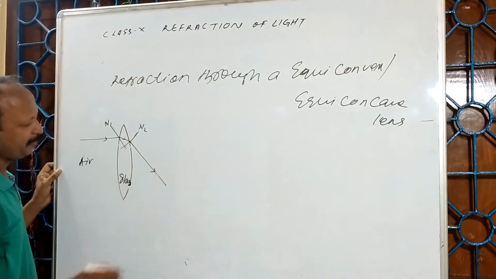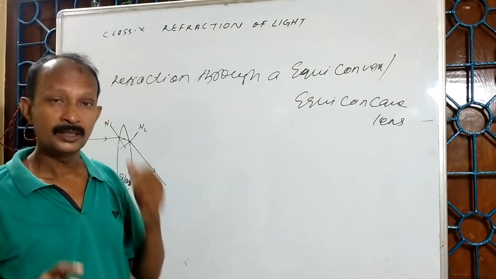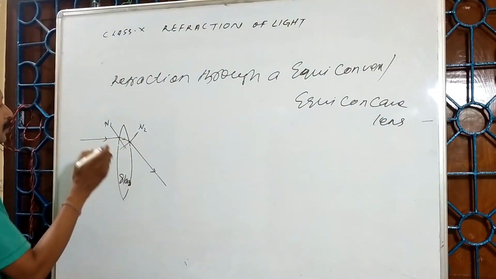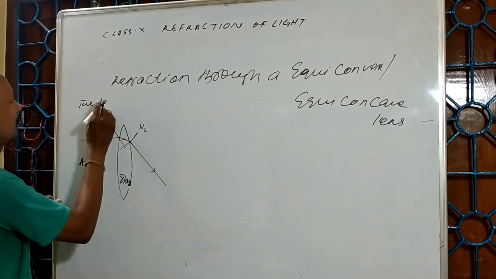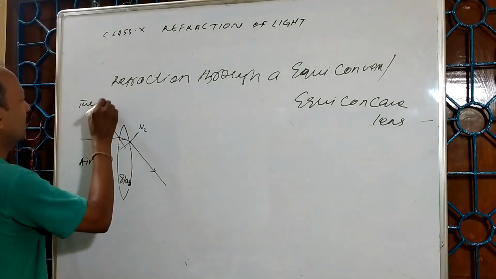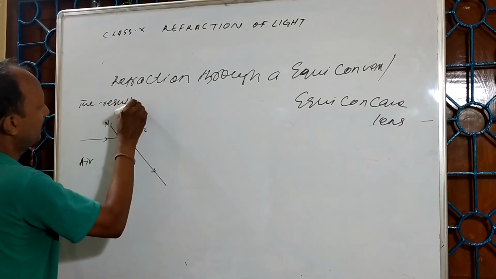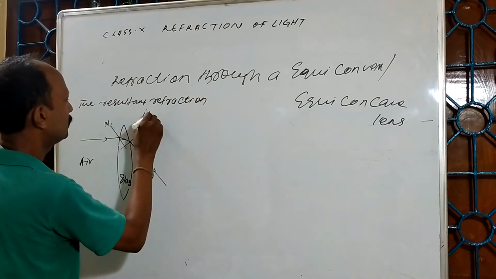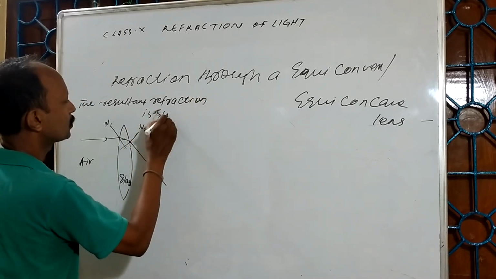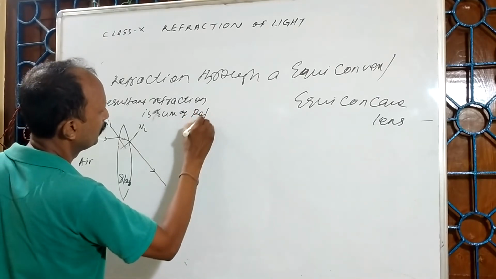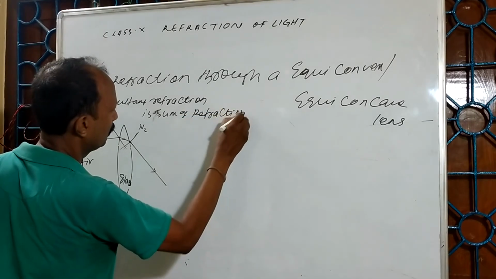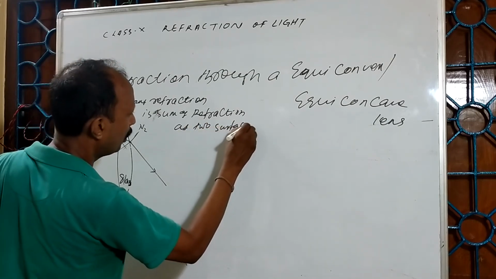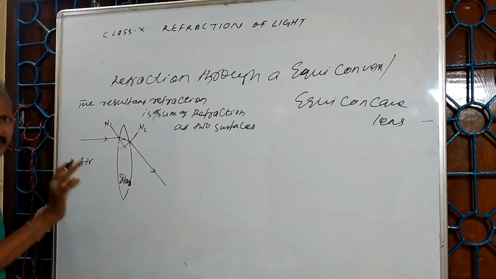Again it starts bending. That means the total refraction, the resultant refraction, is the sum of refraction at two surfaces, because both refractions are in one direction.